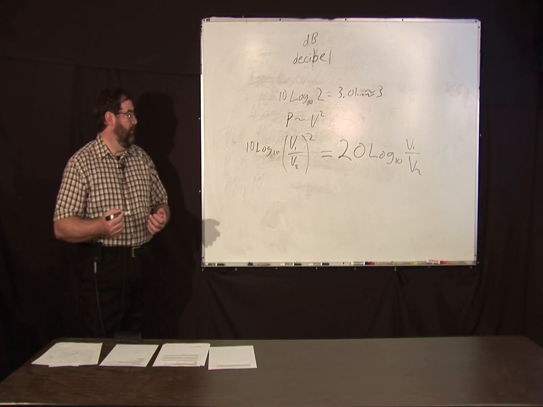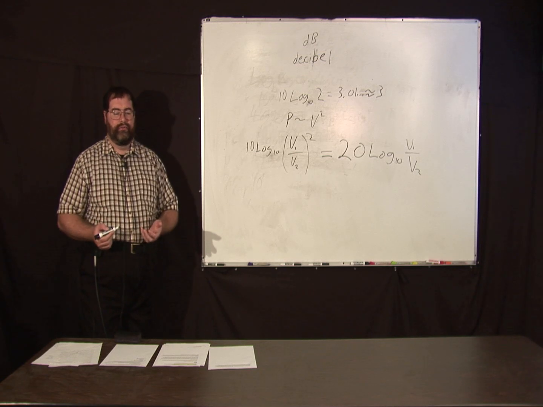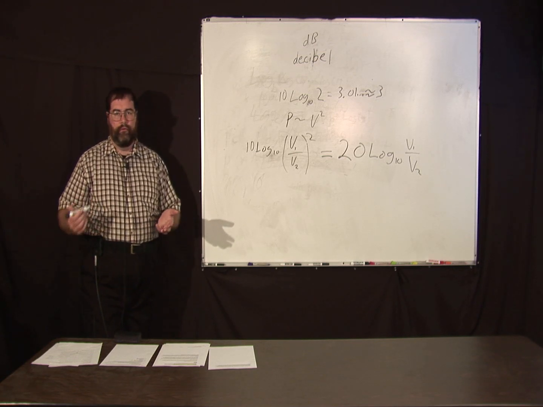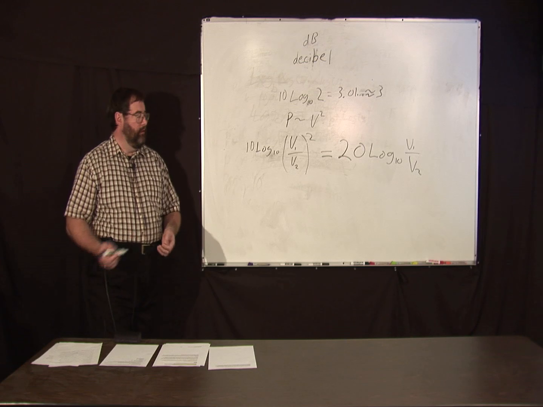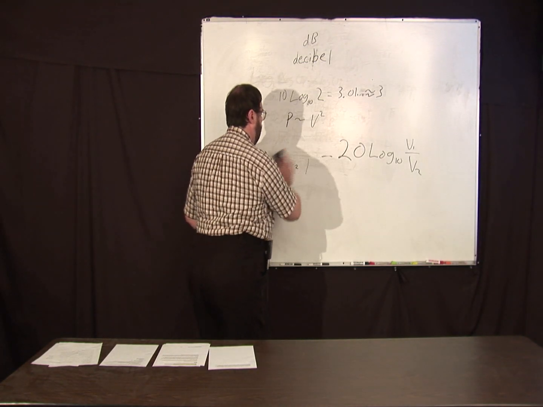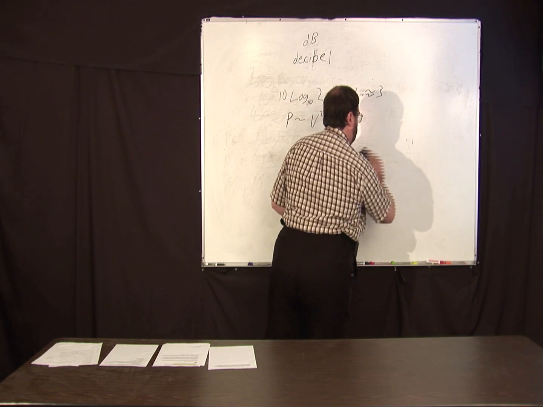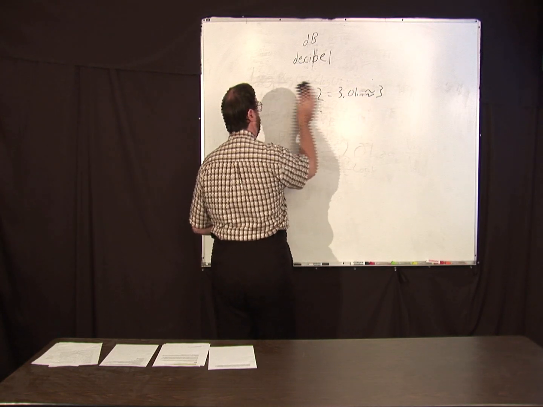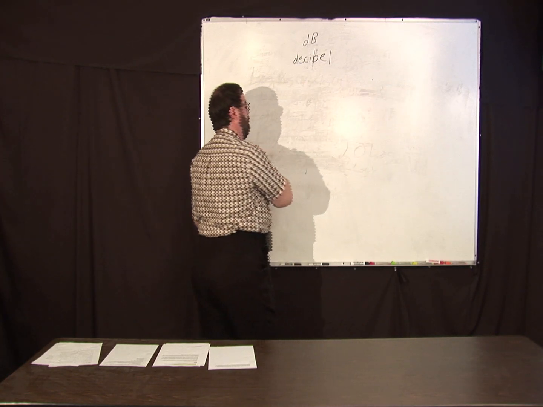Now, there's absolute dB units too. For sound pressure level, the 0 dB means there's a reference level, which is considered the threshold of human hearing.